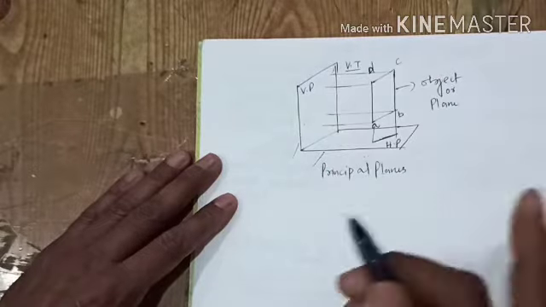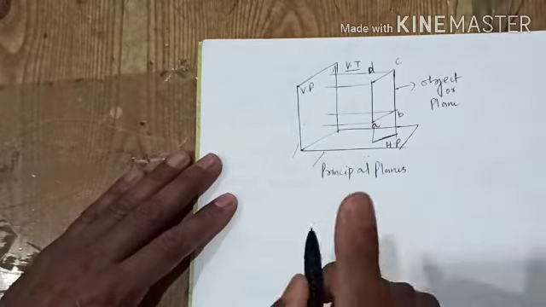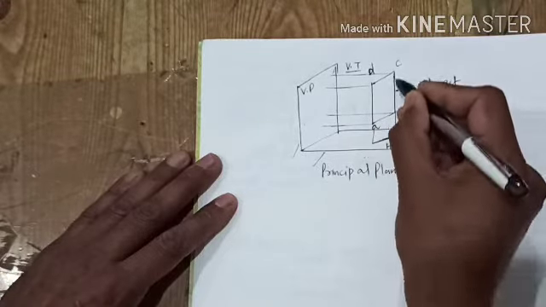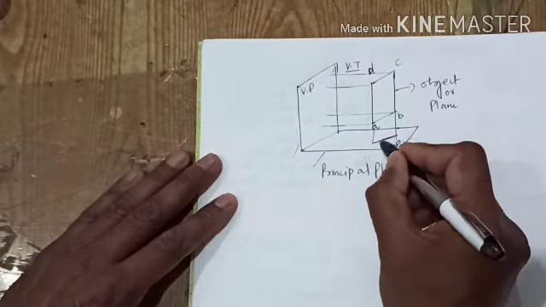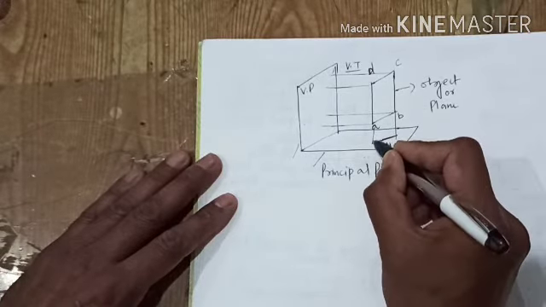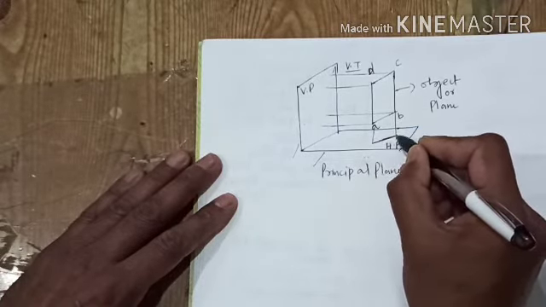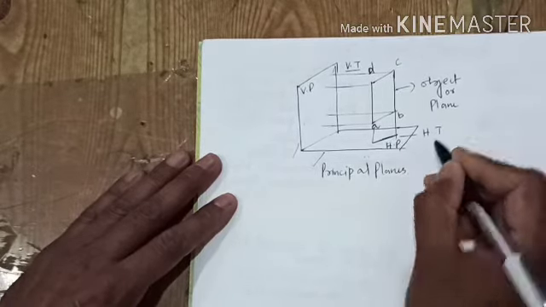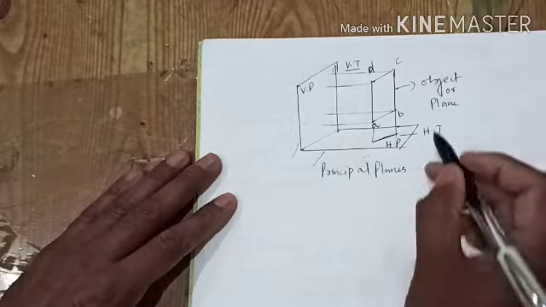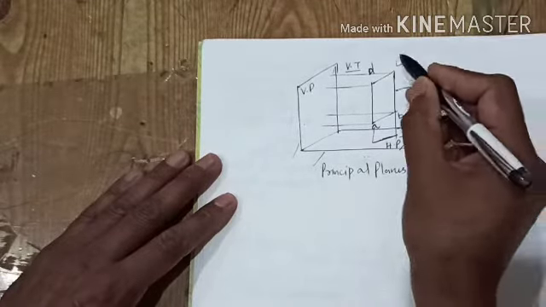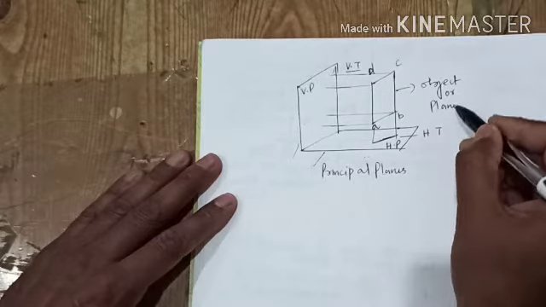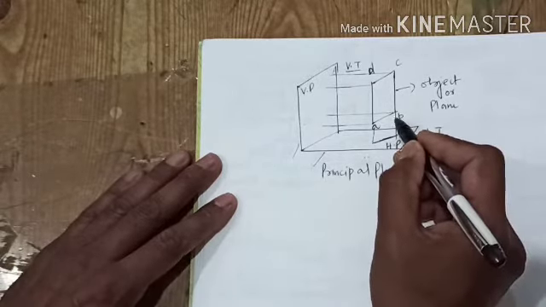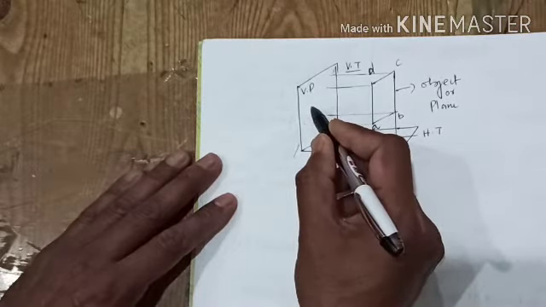As you remember from the previous cases, when the plane is perpendicular, only then is it going to touch the horizontal plane. If we produce these lines up to the horizontal plane, it only has an HT. Fine, students? So in this condition, the plane has only a horizontal trace. It does not have a vertical trace.